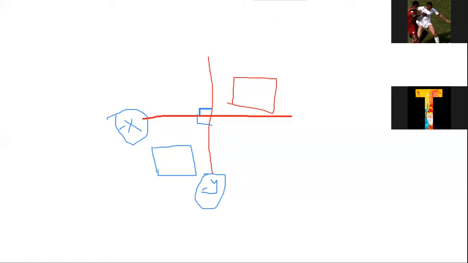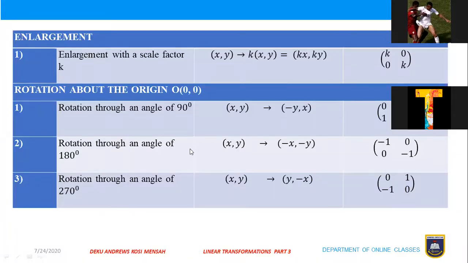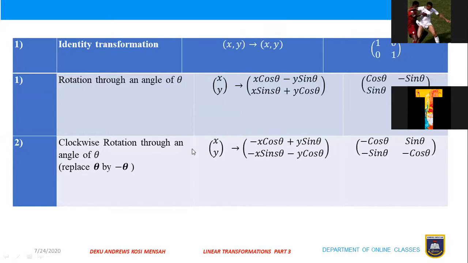Now, we go to the next type of transformation. Identity transformation. So identity transformation, your image is always the same as the point.